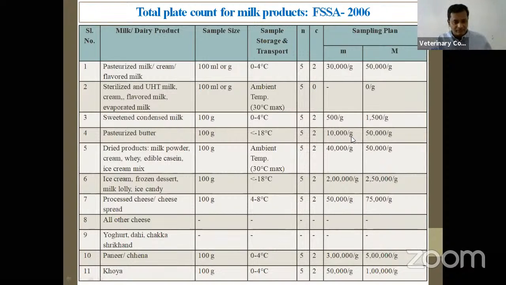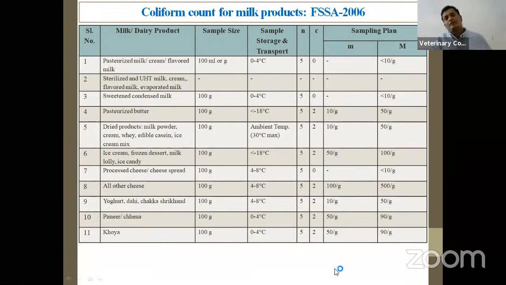So likewise, you can see here for 11 different categories of these milk products, there is a specification. Come to coliform count. Again, this coliform count is a 3-class sampling plan.